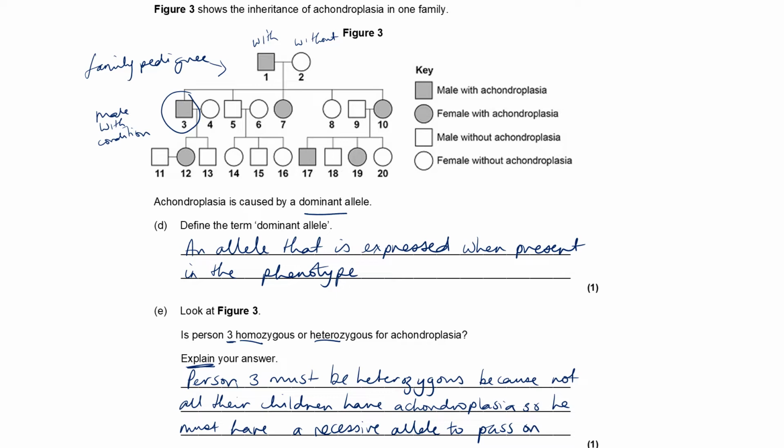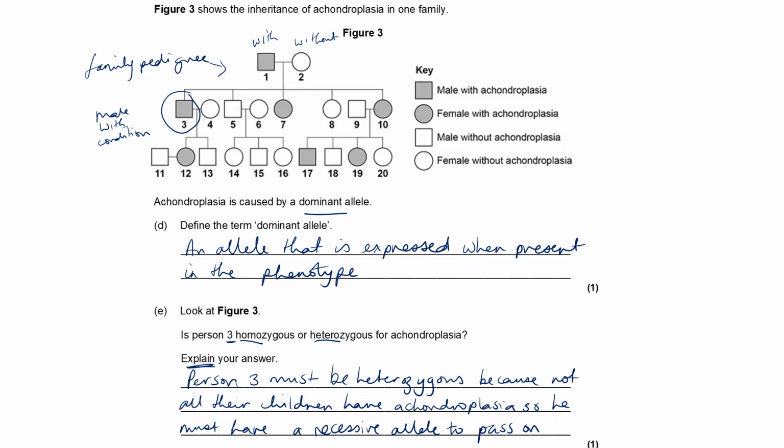So look at figure 3 for part E. Is person 3 homozygous or heterozygous for achondroplasia? So I look at person 3, which I've highlighted. I've looked at their parents and I've looked at their offspring. Now, if they are homozygous for achondroplasia, that means they have 2 dominant versions of the allele, and that would mean that all their children would have the condition.